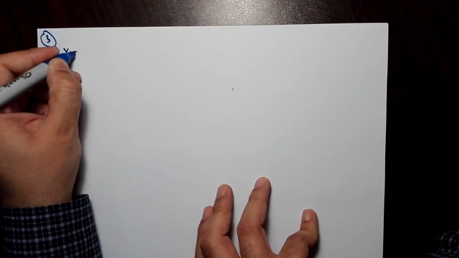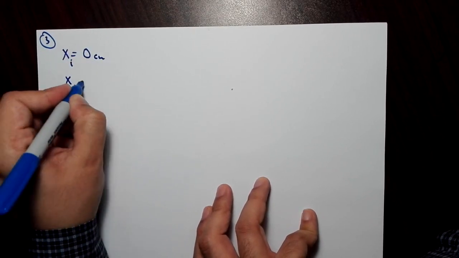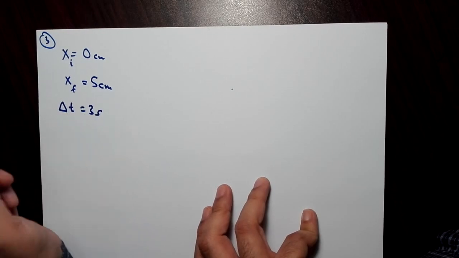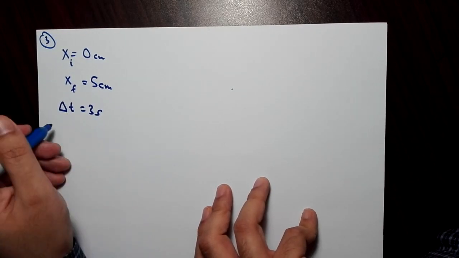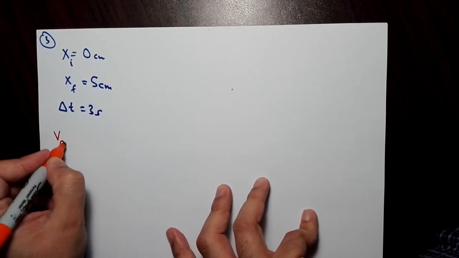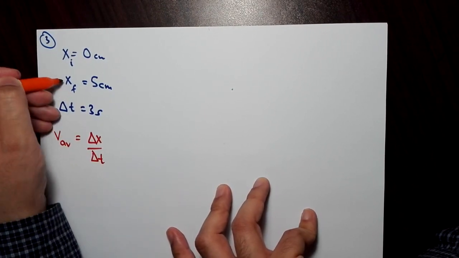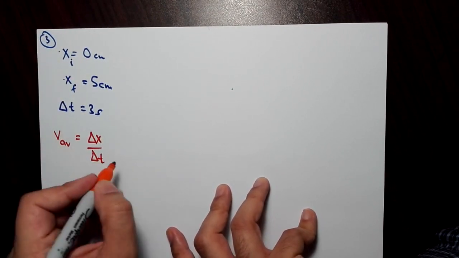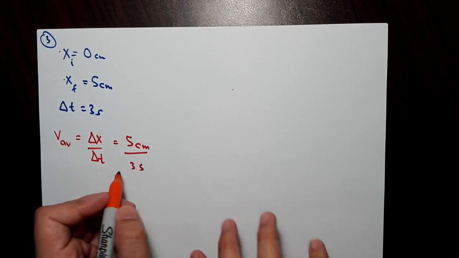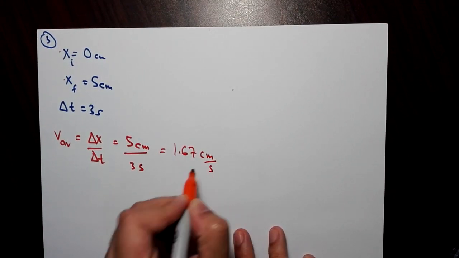X initial is 0 centimeters. X final now is 5 centimeters. Okay, and Thomas does that in 3 seconds. Then average velocity is going to be displacement divided by time. Displacement is x final minus x initial, so 5 minus 0. So you get 5 centimeters divided by 3 seconds, which is around 1.67 centimeters per second.